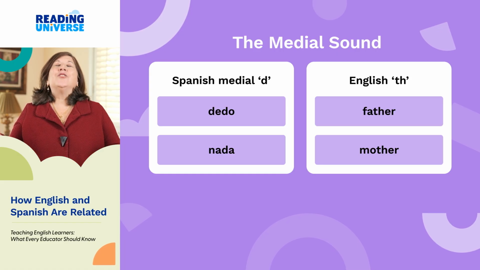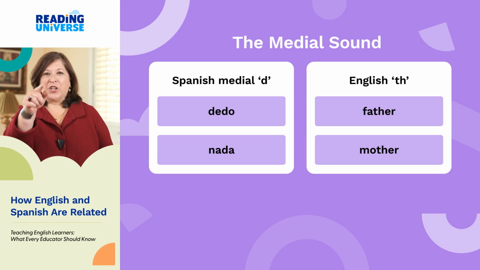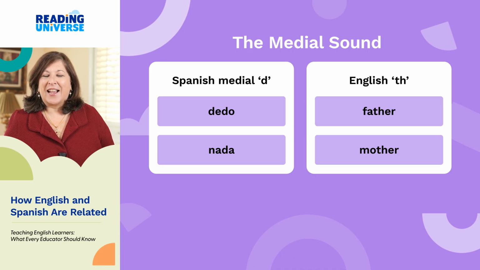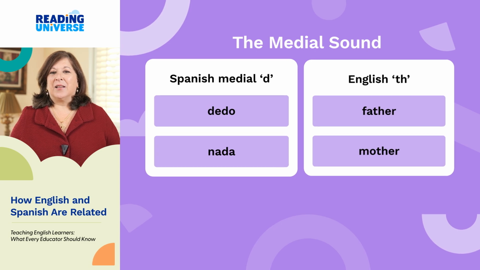So when the children write father, F-A-D-E-R, you're going to say, good for you. You got the sound. In Spanish, you use D, right? In English, we use TH. And there's two sounds for TH. This one is with the voice box on. There's another one with the voice box off, like in thimble or thistle. So those are connections to be made.